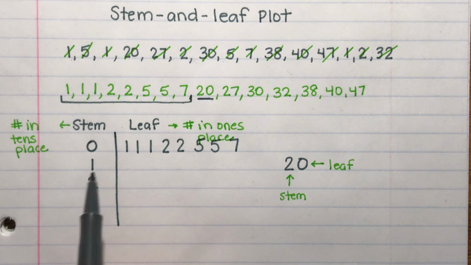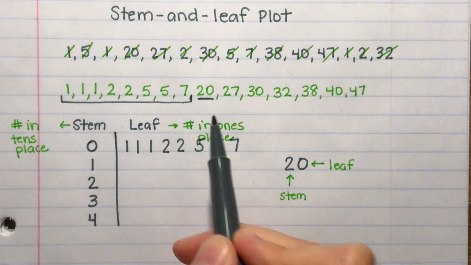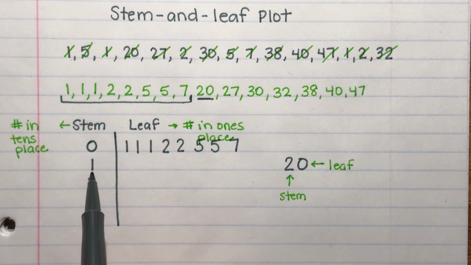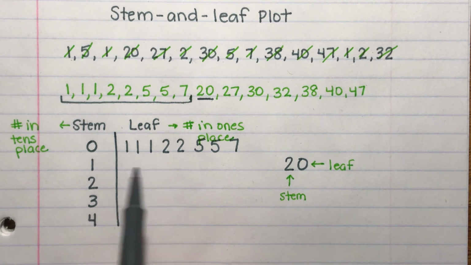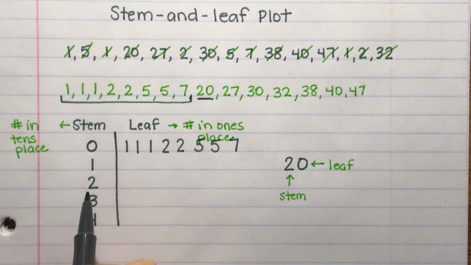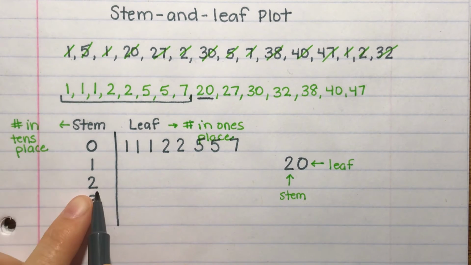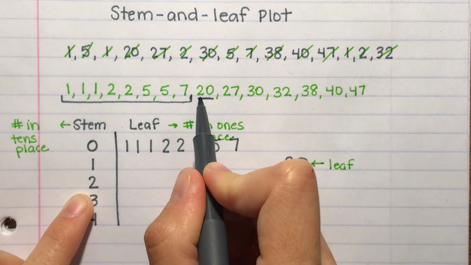Okay, now 1 would have been 11, 12, and all of my teens. Now when I look at my list, I don't have any numbers that have a 1 in the tens place, so I don't write anything down there. Now 2, I see I have a 20. Now what I'm going to do is I have a 2 here that goes for the 2 and the 20.